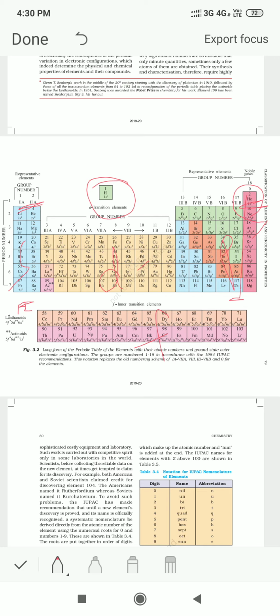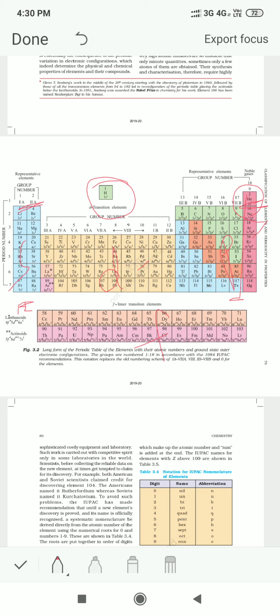The outer electronic configuration of all the elements present in any group is the same. Now coming to the second group, which is also known as alkaline earth metals. The second group has beryllium, magnesium, calcium, strontium, barium and radium.